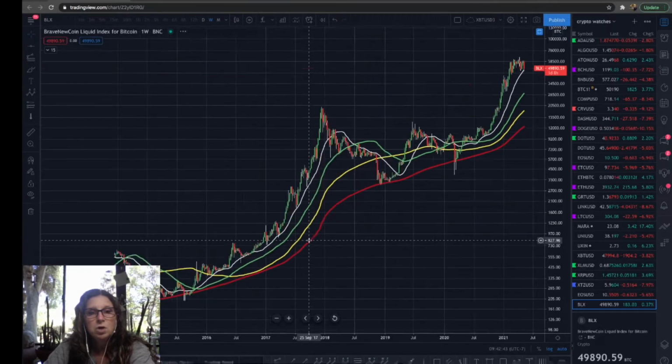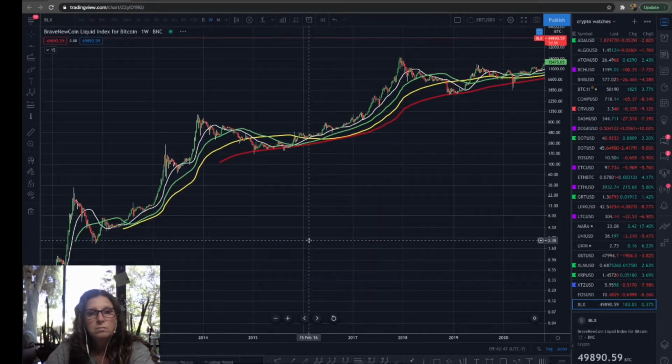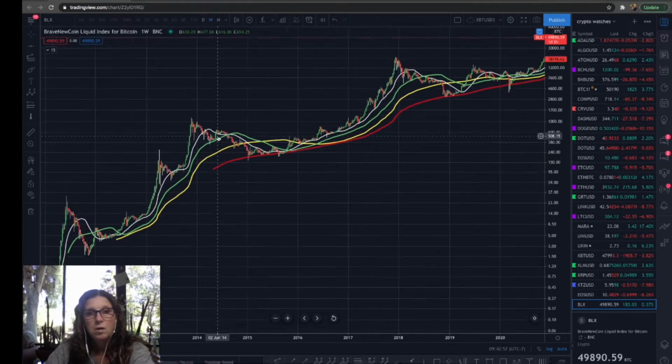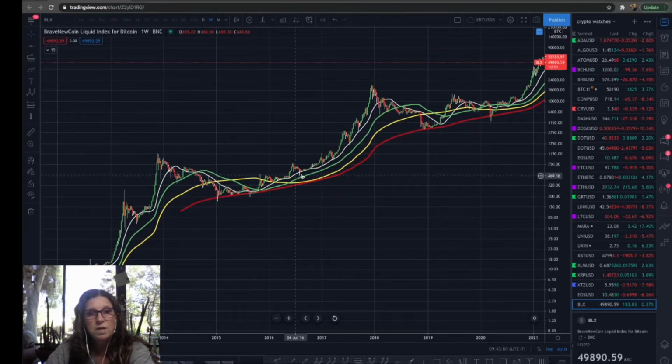I want to show that one time we broke the 21 here with some candle closes, but we never broke the 50. All the other bull runs, we never closed a candle under the 21. Once we did, that's when it started looking ugly.